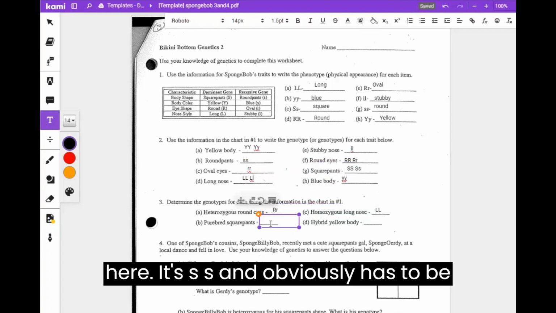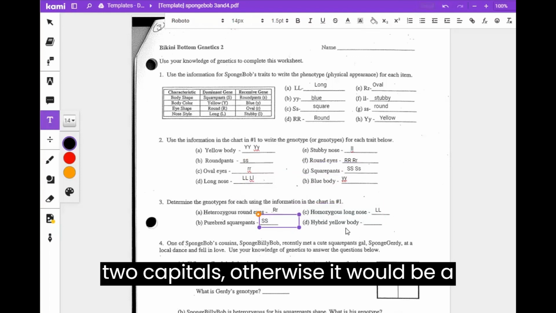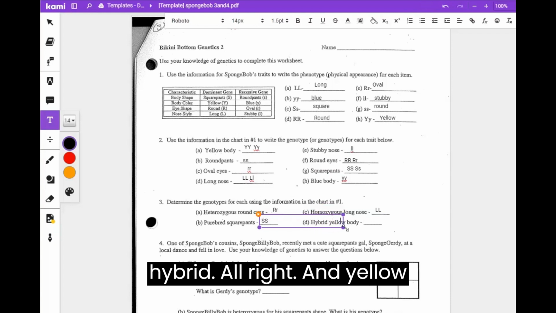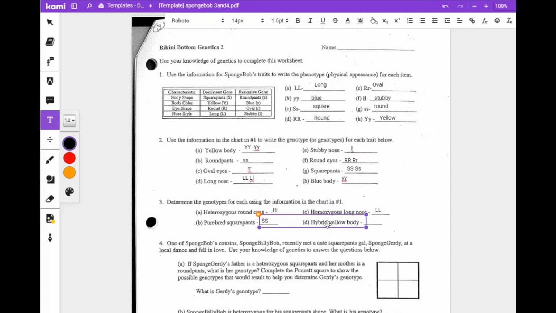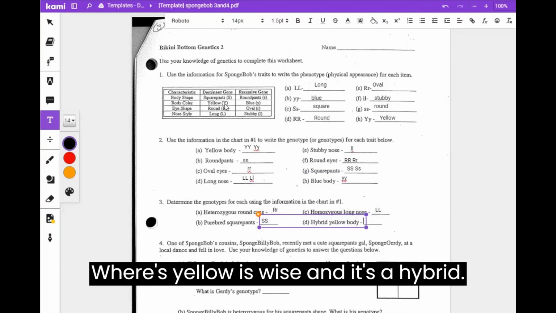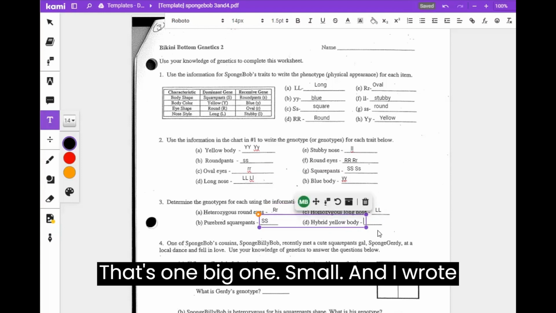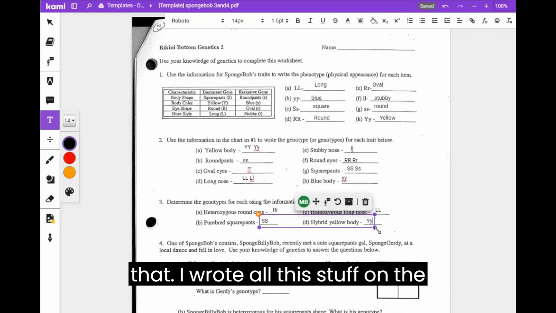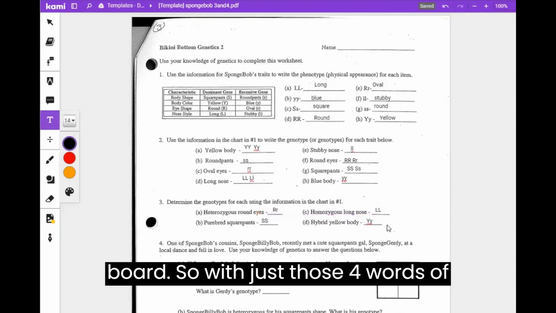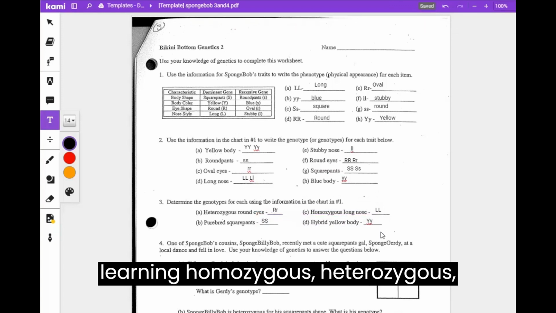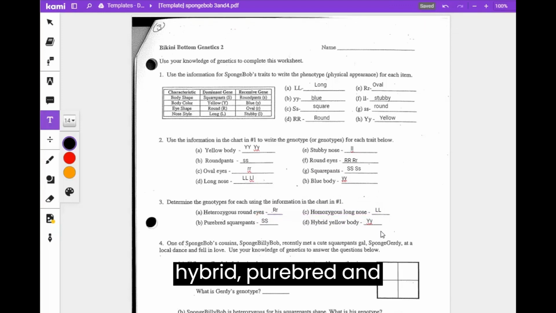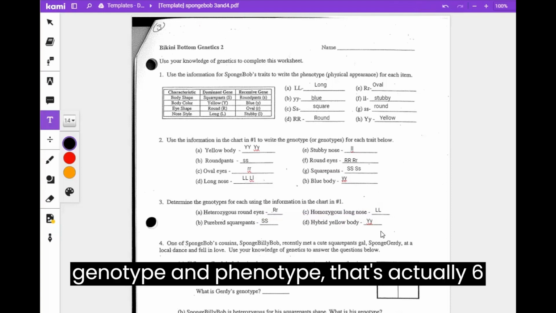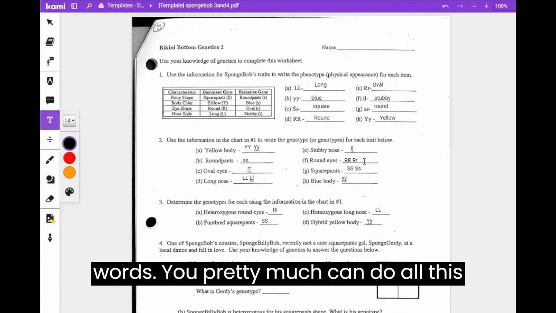It's S's, and obviously has to be two capitals, otherwise it would be a hybrid. And yellow body, where's yellow? It's Y's, and it's a hybrid, so that's one big, one small. I wrote all this stuff on the board. With just those words of learning: homozygous, heterozygous, hybrid, purebred, genotype and phenotype, that's actually six words, you pretty much can do all this stuff.